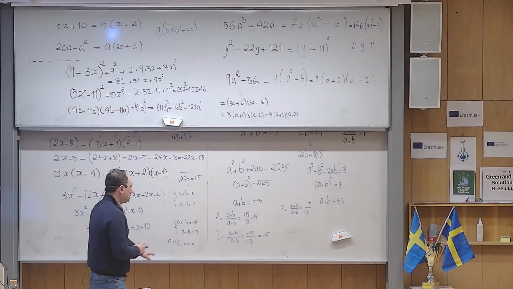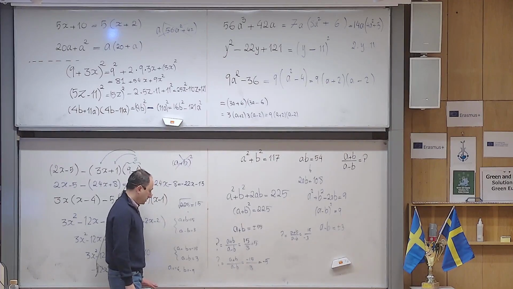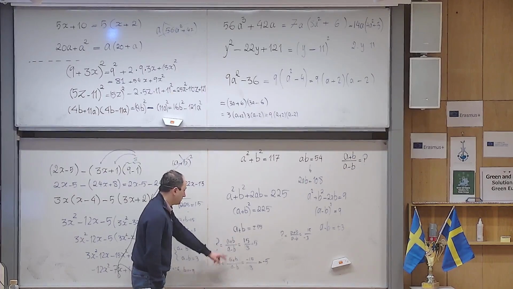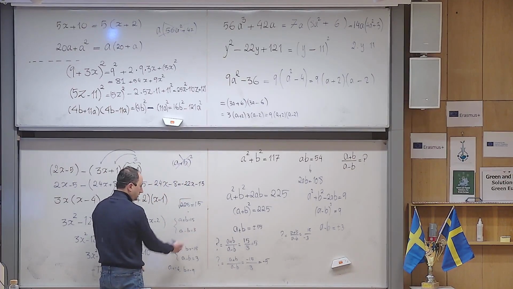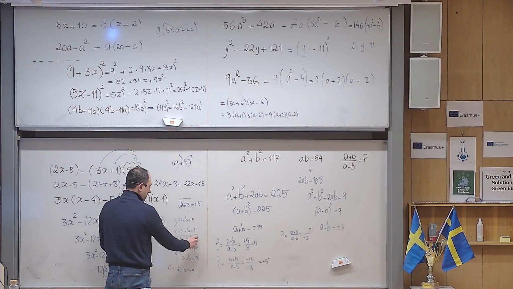So you see, both of these cases are really possible, because one option is A plus B equal to 15, A minus B equal to 3, which is possible because if I solve this system, I get A to be 9 and B equal to 6.